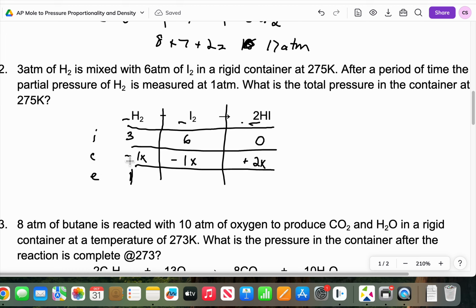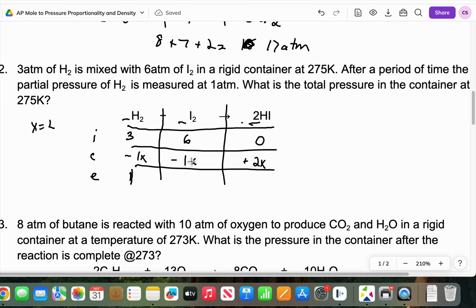Anyway, so 3 minus 1x equals 1. What is x? Well, x has to end up being 2, because you can tell by what x is. So 3 minus 1x equals 1. So x is equal to 2. That's something we need to know.